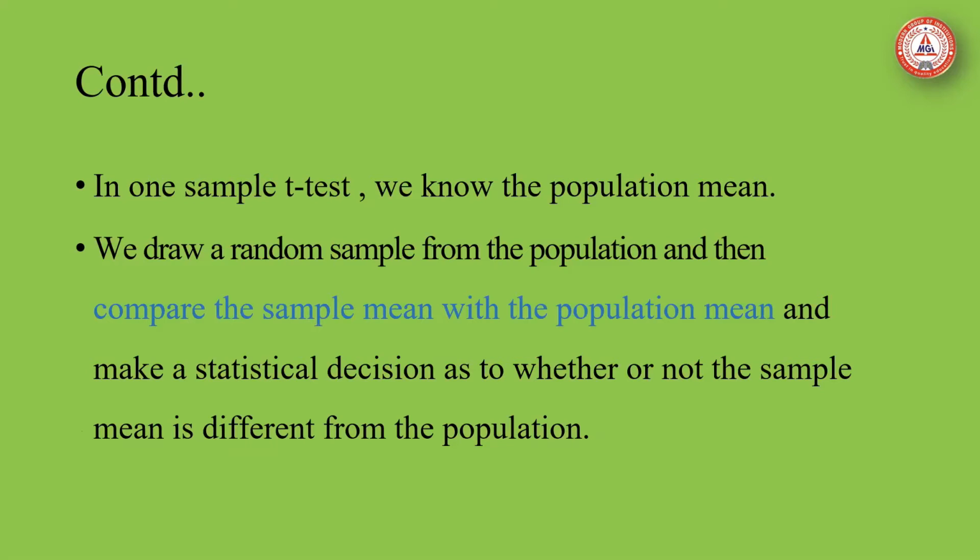In one sample t-test, we know the population mean. We draw a random sample from the population and compare the sample mean with the population mean and make the statistical decision as to whether the sample mean is different from the population.